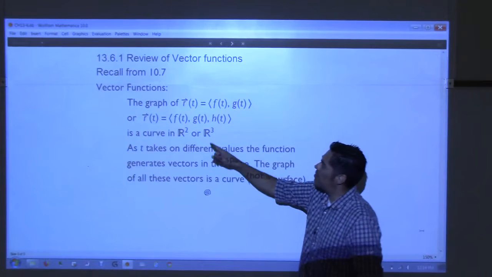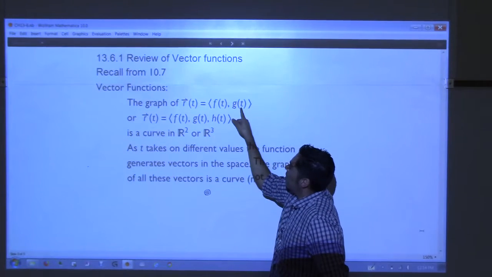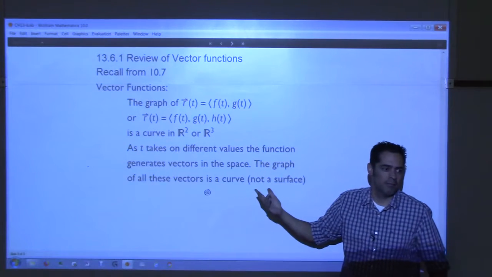And we usually use the notation r of t equals the vector f of t, g of t. So you put 2 functions of t in here and you draw something.